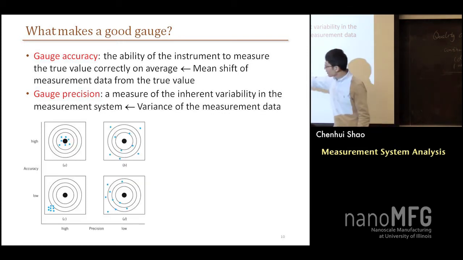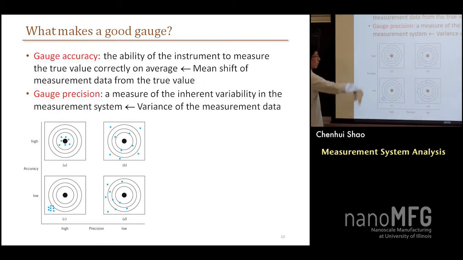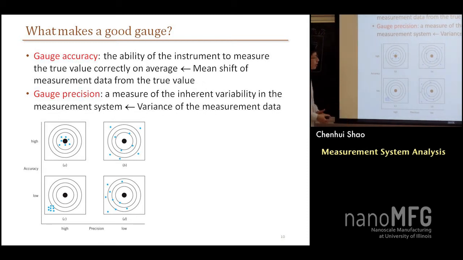So here I have this chart, right? The horizontal axis is precision, the vertical axis is accuracy. In this example, the blue dots are the measurements, and the black dot is the real ground truth. If they're close to the center, it has both good precision and good accuracy, with clustered dots.